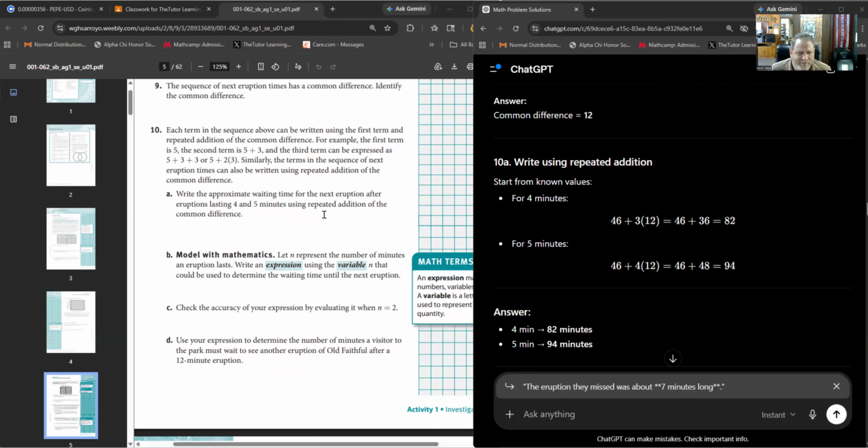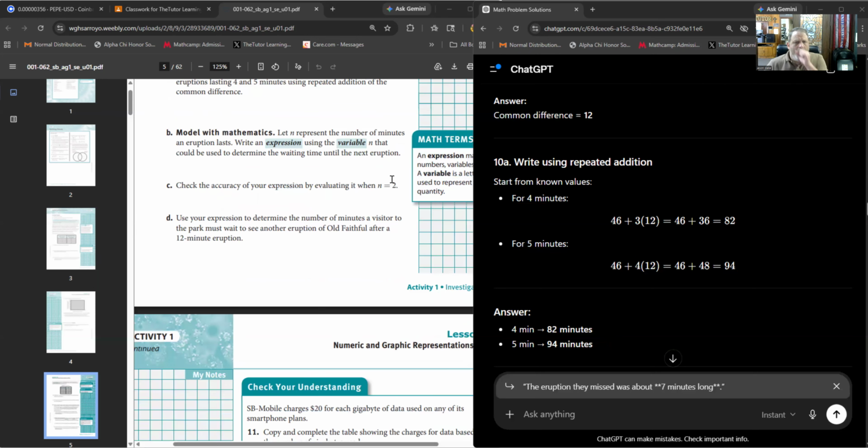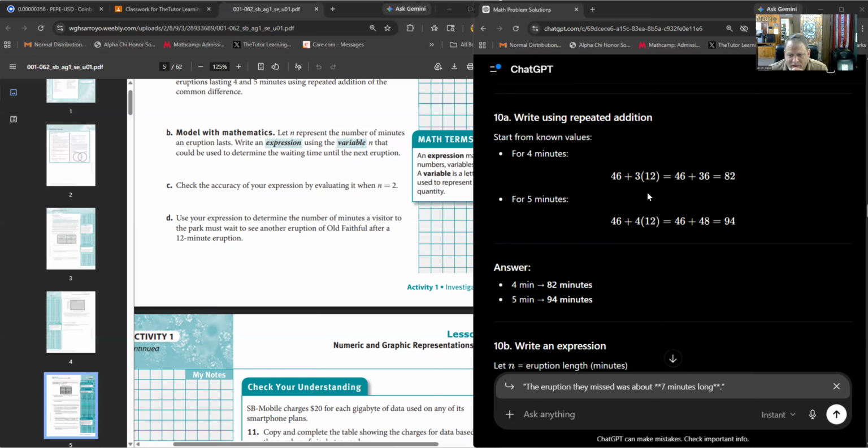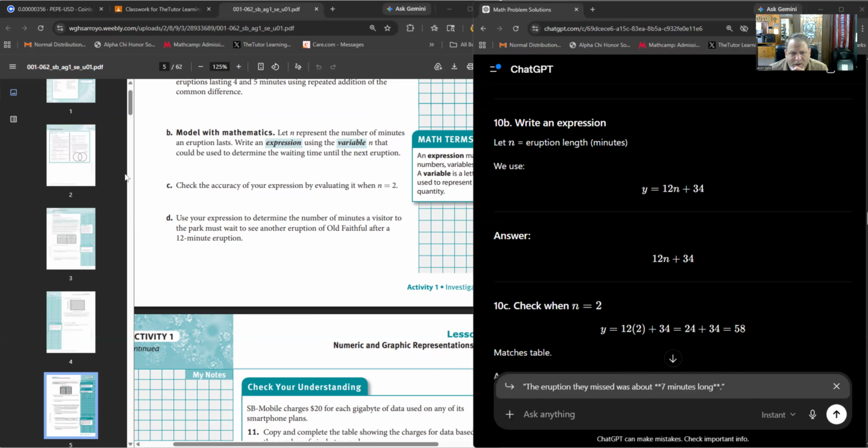Let's look at B. Model with mathematics. Let n represent the number of minutes an eruption lasts. Write an expression using the variable n that could be used to determine the waiting time until the next eruption. All right, so, well, we can say y equals mx plus b.